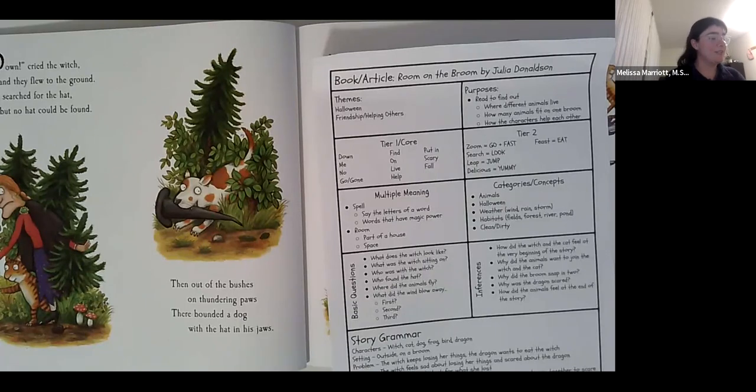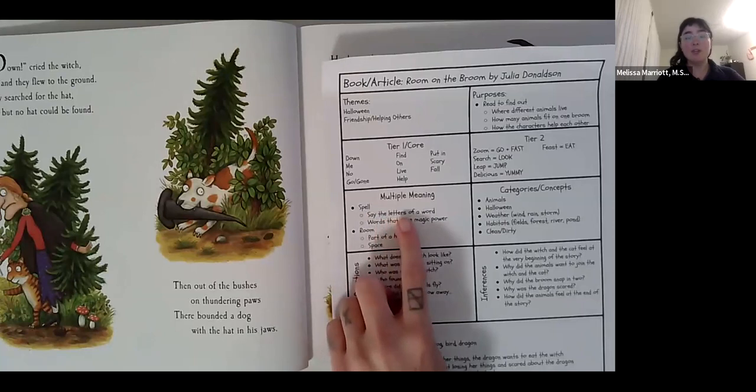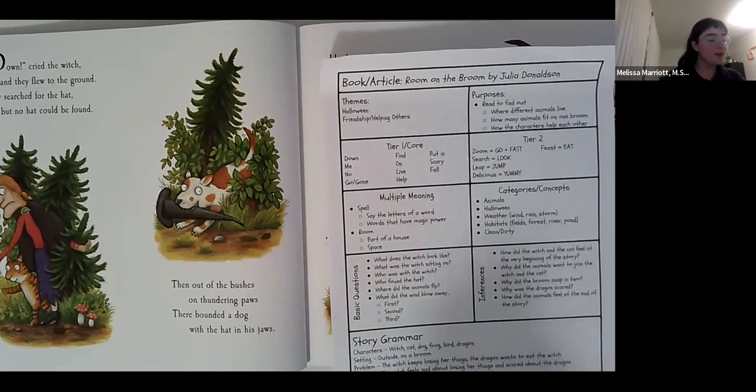Or, spell is one that they may be academically familiar with, right? Saying the letters of a word, but maybe they're less familiar with the meaning of spell that is like a magic thing that a witch does. So I think multiple meaning words can be really cool. So I usually pull out any multiple meaning words that there are in the story that I'm reading.